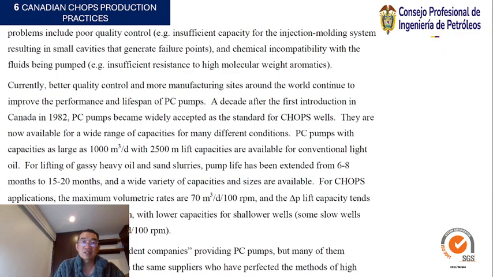Currently, better quality control and more manufacturing sites around the world continue to improve the performance and lifespan of PC pumps. A decade after the first introduction in Canada in 1982, PC pumps became widely accepted as the standard for CHOPS.